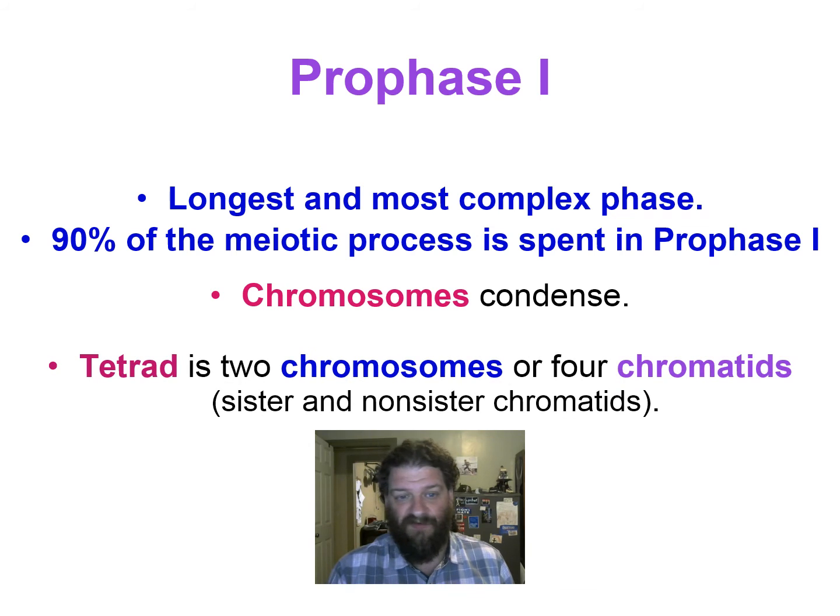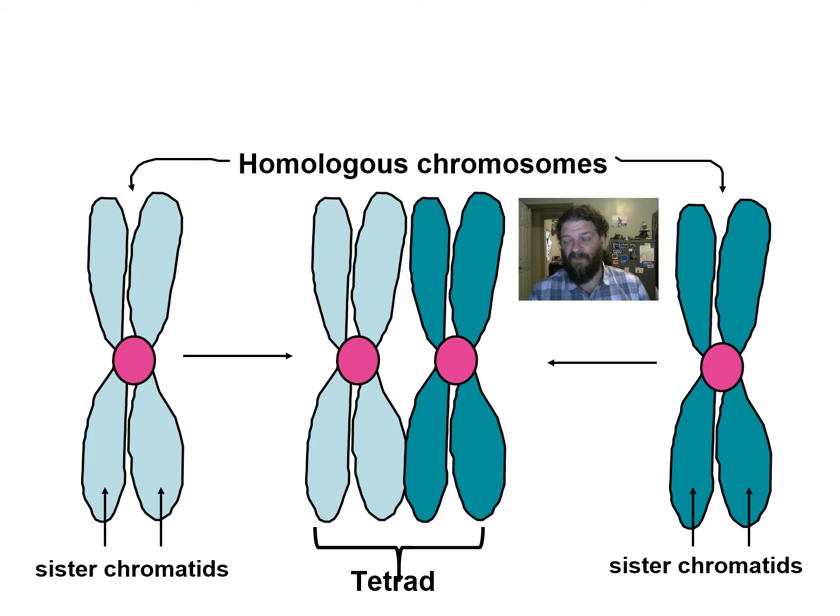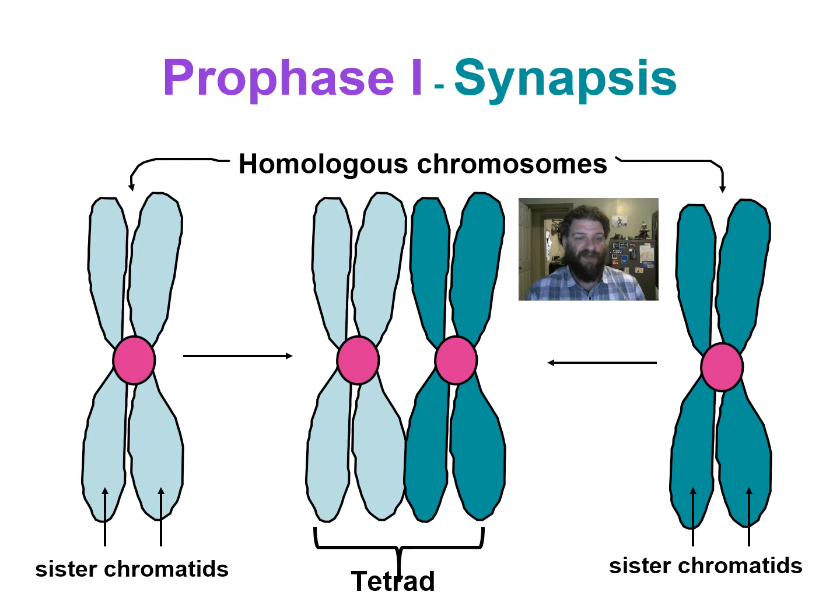My animations are taking a little bit to come along with me. The added step is the formation of those tetrads, right? Making the homologous pairs come together into a single structure. This formation of the tetrad is a process known as synapsis.